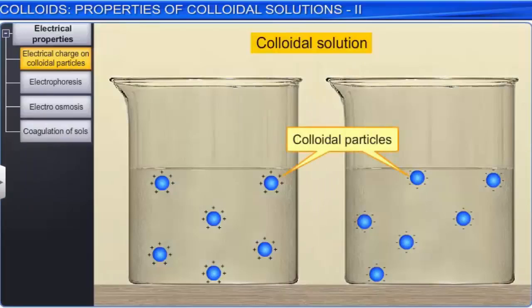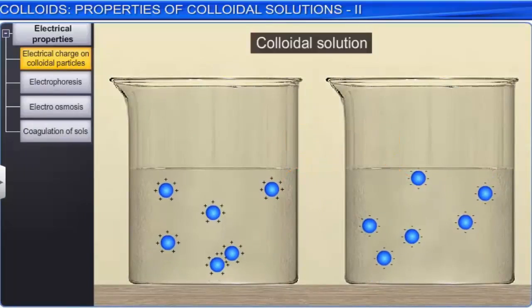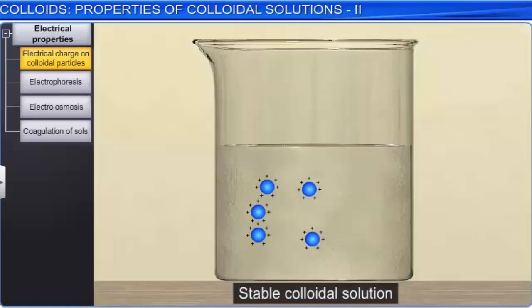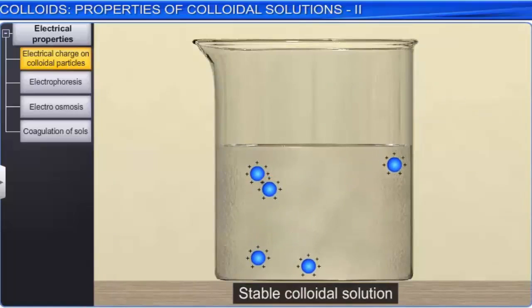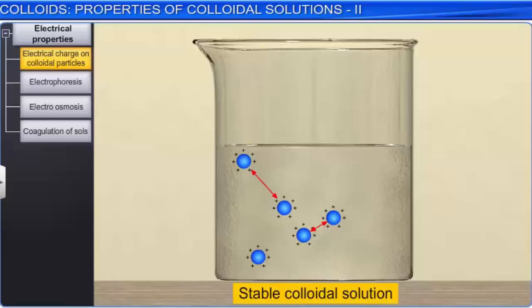The particles of a colloidal solution possess a definite electrical charge, either positive or negative. Due to the presence of the same charge, they repel each other and do not combine to form larger particles. This keeps them dispersed in the medium, and hence, a colloidal solution is stable.